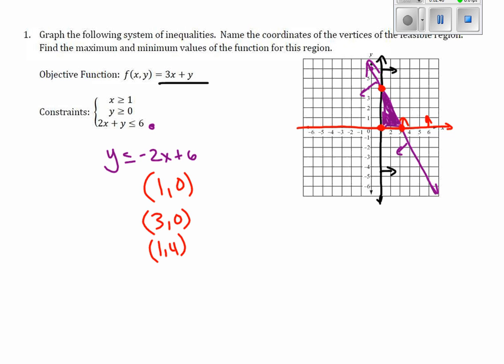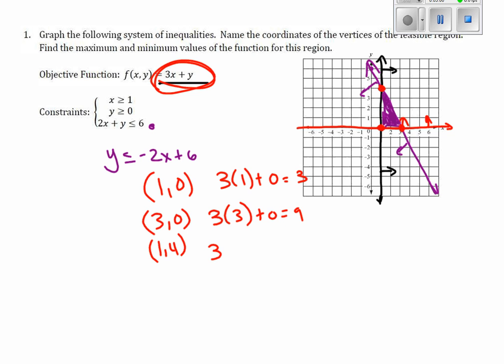Now I put each one of those into my objective function and see what I get. This will be 3 times 1 plus 0, which is just 3. This will be 3 times 3 plus 0, which is 9. This will be 3 times 1 plus 4, which is 7. So this one will be the minimum, and this one will be the maximum.